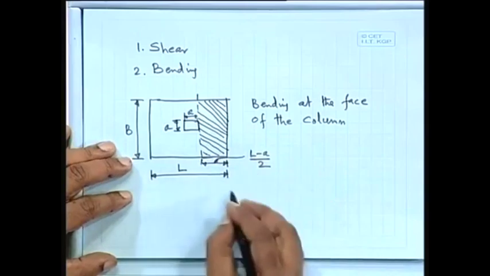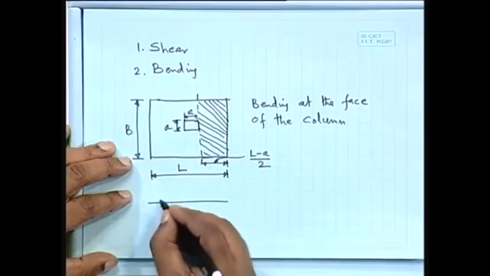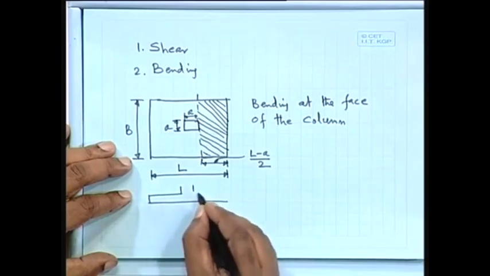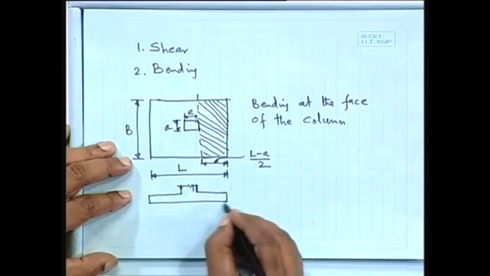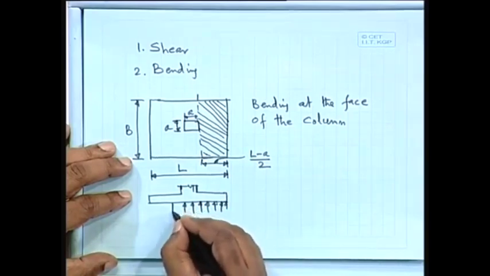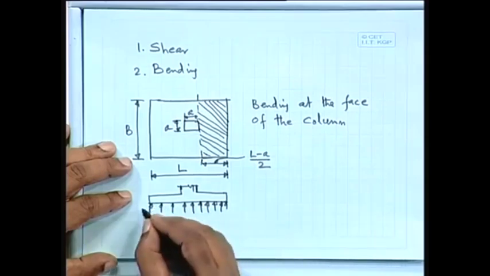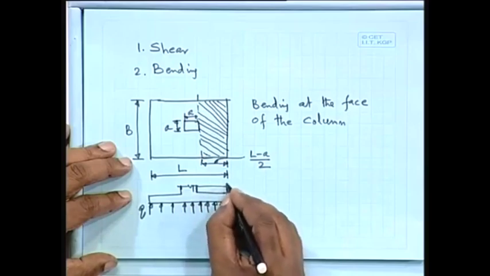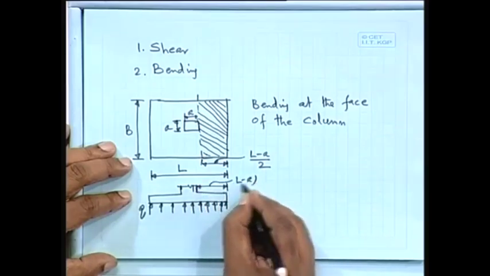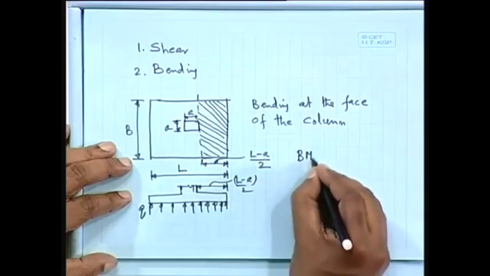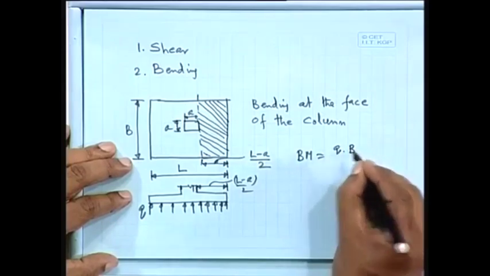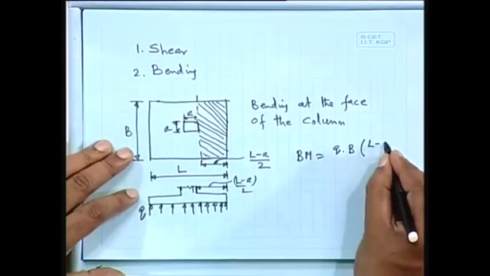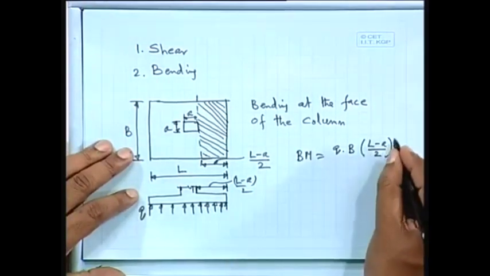So if Q is the load, and this length is L minus A by 2, the bending moment will be equal to Q times B, and L minus A by 2 whole square, times half.